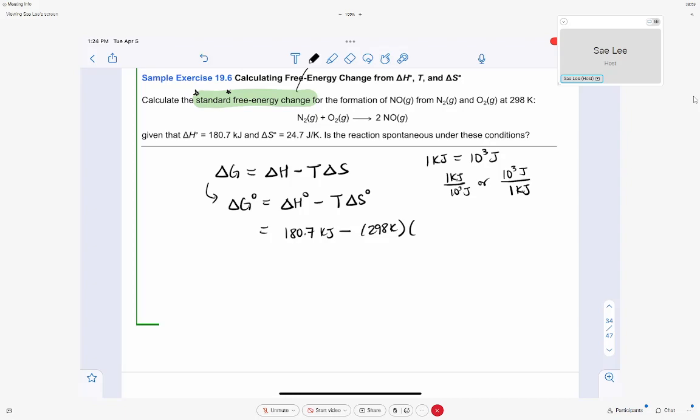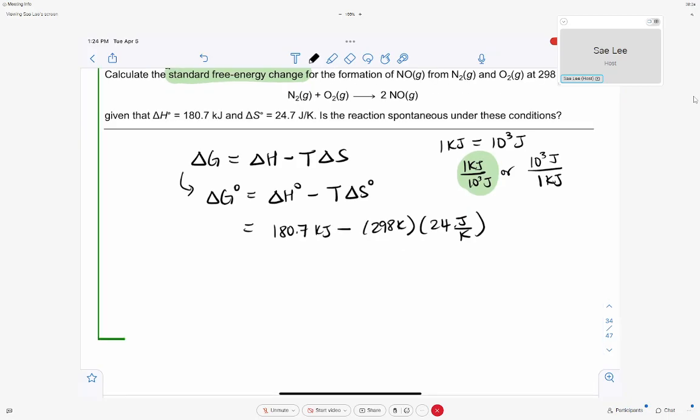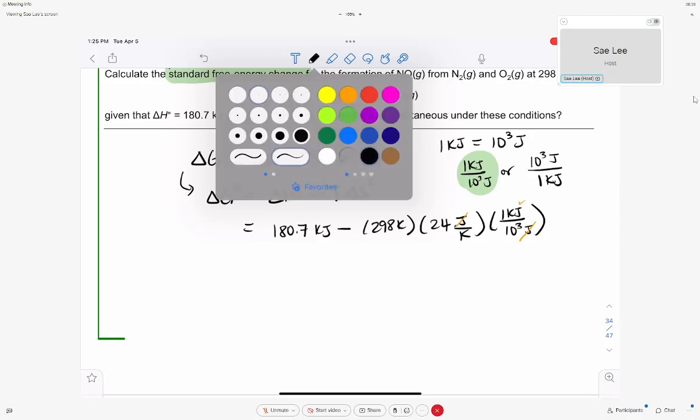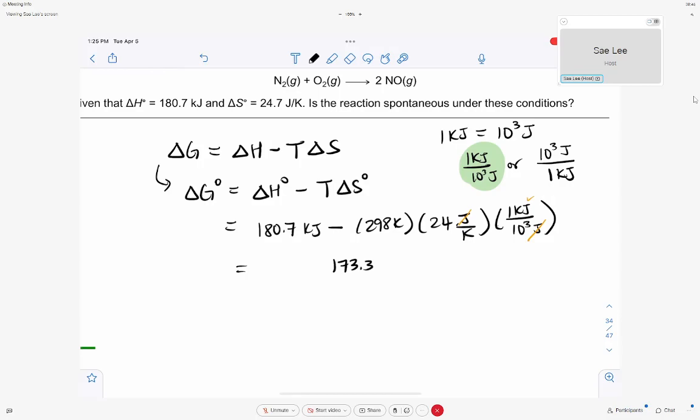Since we want to eliminate joules in the numerator, we multiply by 1 kilojoule divided by 10 to the 3 joules. The joules cancel, leaving kilojoules. If we do all the math, we get 173.3 kilojoules.